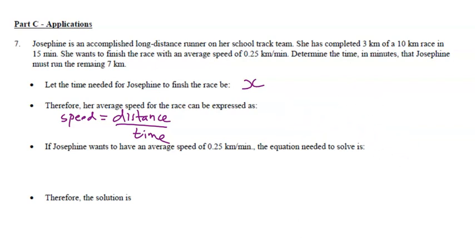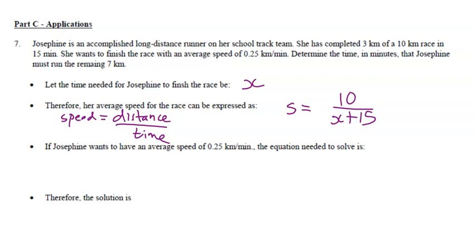Oh, no, let's just do this with speed. So we'll say speed is equal to distance, so it's a 10K race, divided by time, which is going to be x plus 15. Because she's already run for 15 minutes. She's going to run for x more minutes. And that's going to be her average speed, right? Total distance divided by total time.